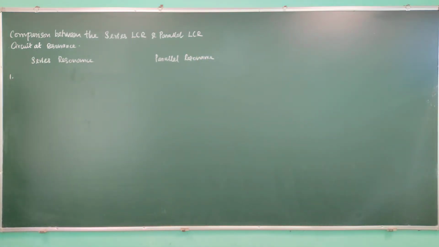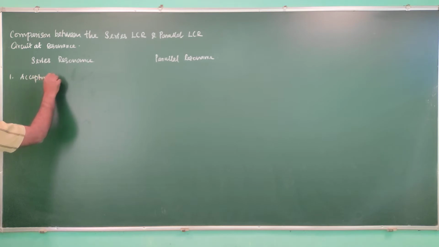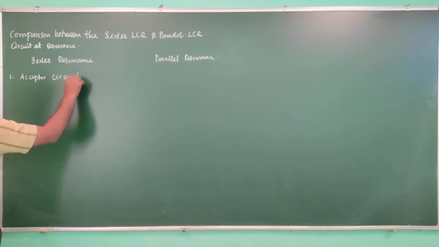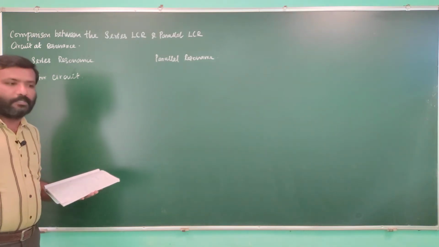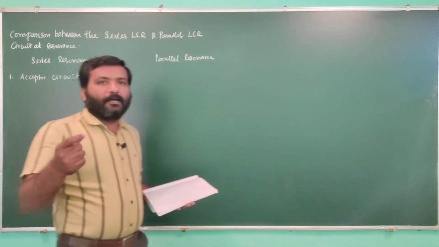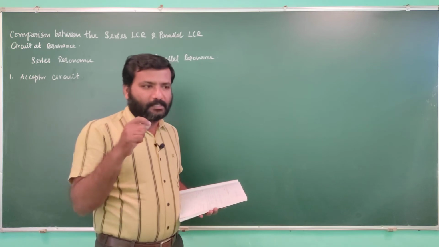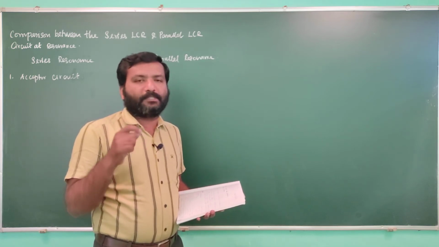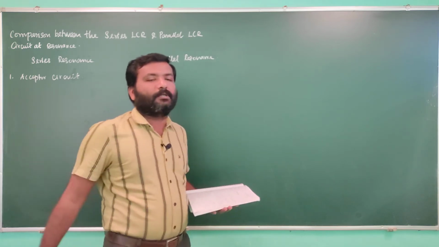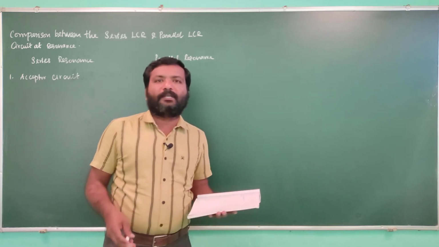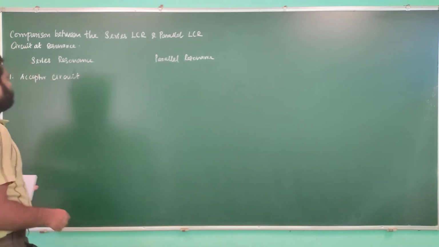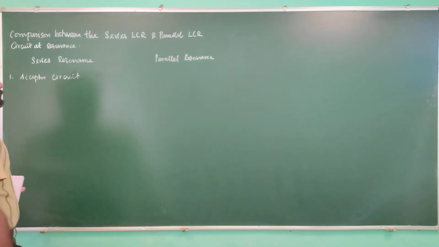Point number 1, series resonance is an acceptor circuit. The series LCR circuit at resonance is an acceptor circuit. That is, at resonance the selected frequency can be separated out, and that could be used for useful purposes like tuning a particular frequency in a radio tuner. That is the series resonance.